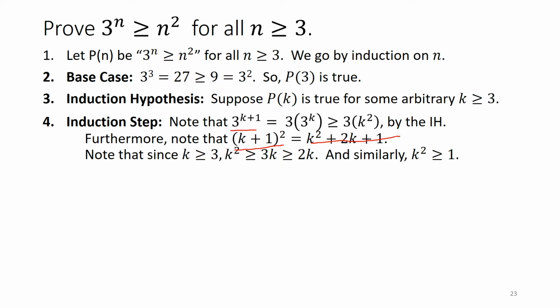But we want to make a relation with k. In k, the right hand side is k squared, and using this shape, we can multiply 3 to that part again, and still this is greater than that.